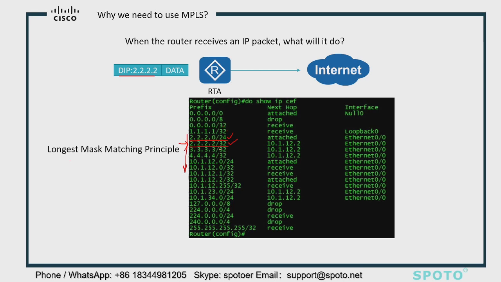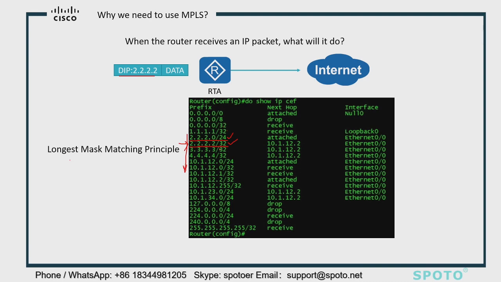When the router receives an IP packet, it will check the destination address of the IP packet, and then compare it with all the routing entries in its routing table from top to bottom to find all the entries that can match the destination address, and then select the one with the longest mask.